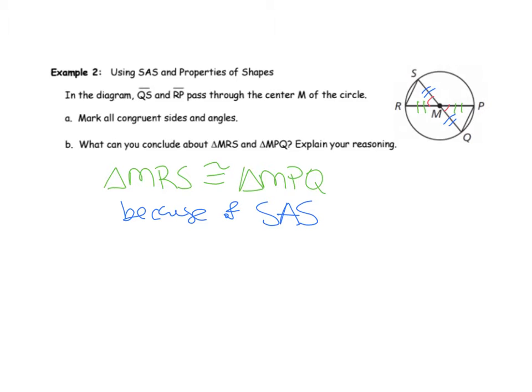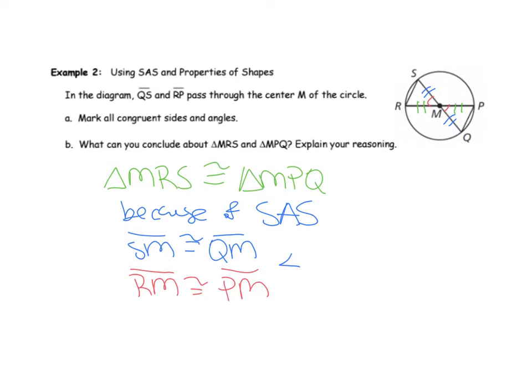They have SM being congruent to QM. We have RM being congruent to PM. And we have that included angle, angle SMR, being congruent to angle QMP. So because we have that included angle and those two sides, that proved it to be side, angle, side.